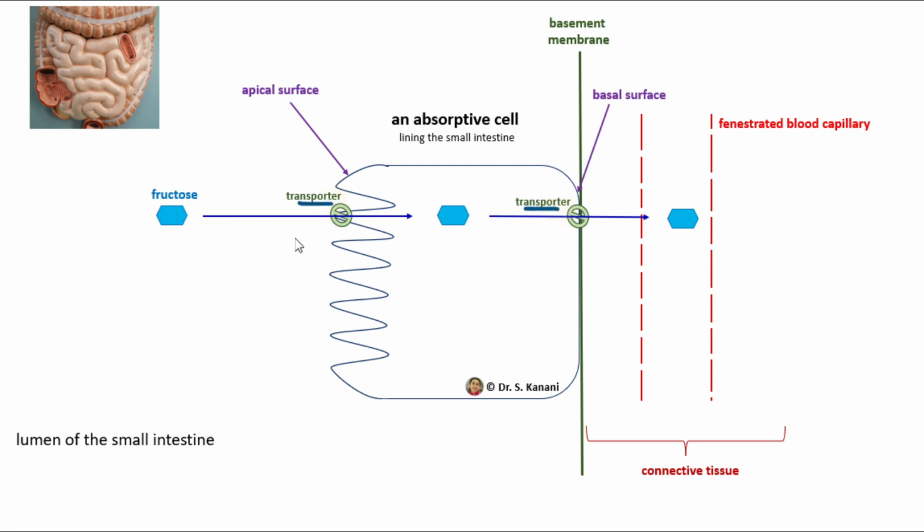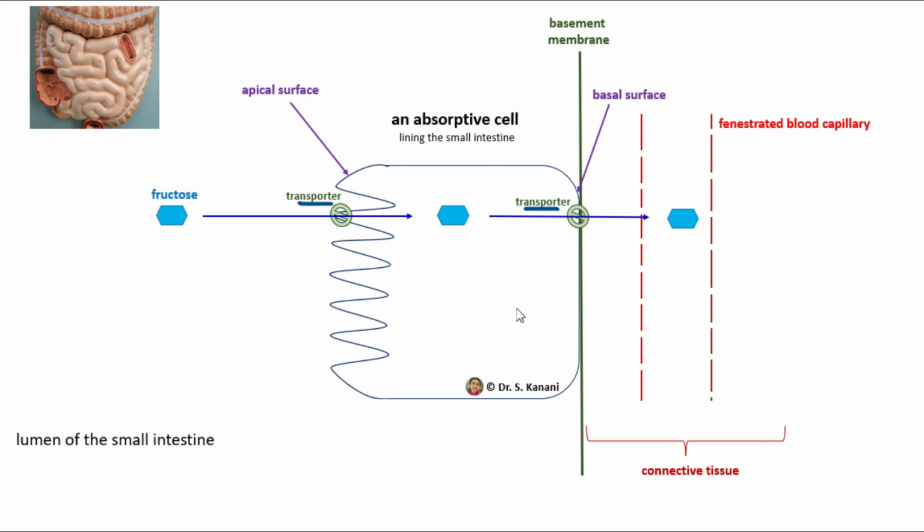And then when we follow their actions, we see that each one of these transporters, without breaking down ATP, transports fructose. And we know that this type of passive transport is called diffusion. So absorption of fructose is through diffusion, and we use these transporter molecules to facilitate the diffusion.